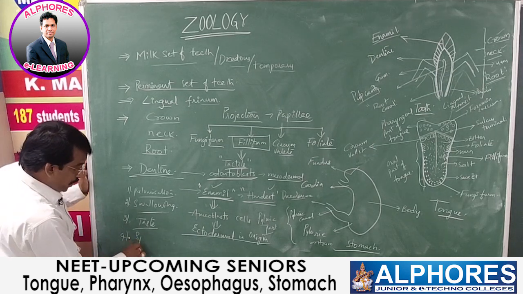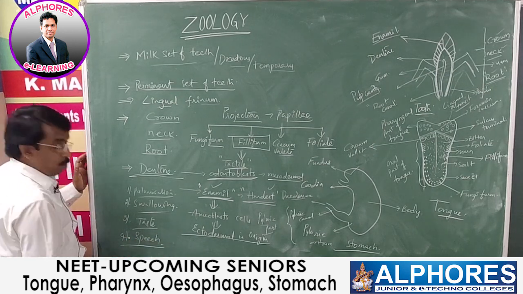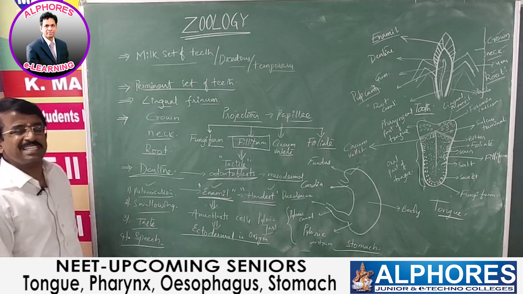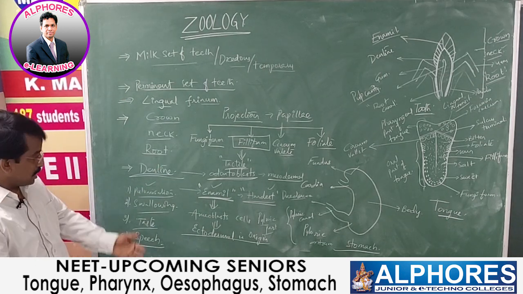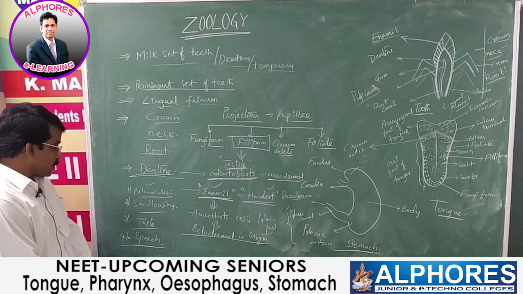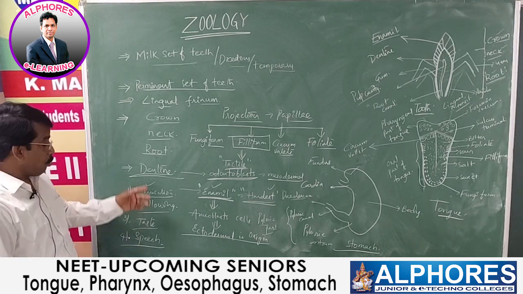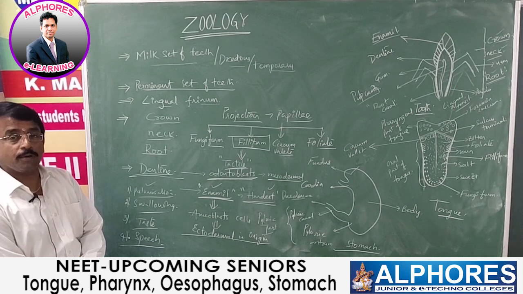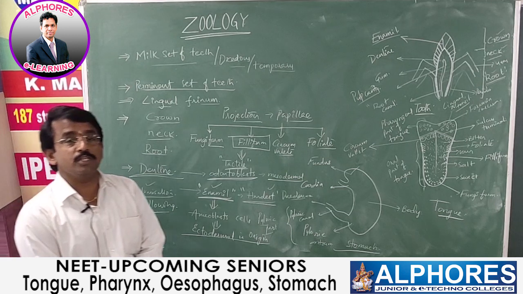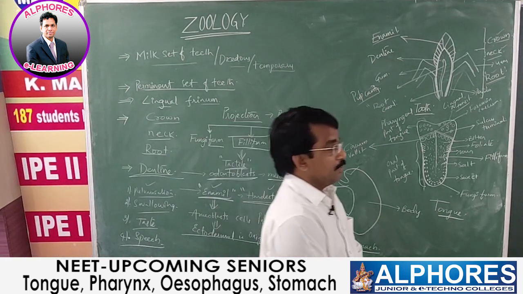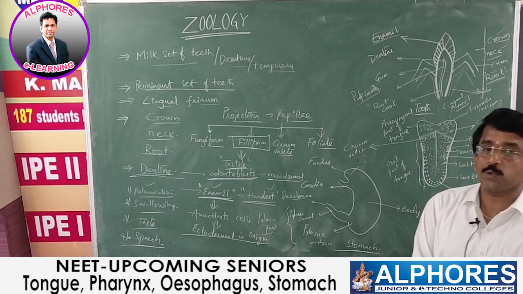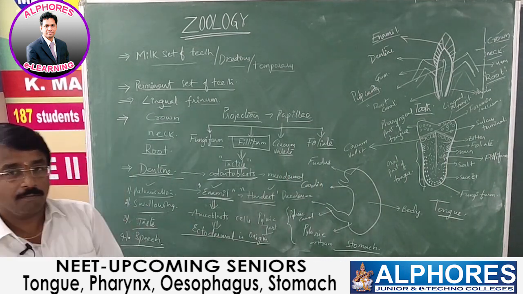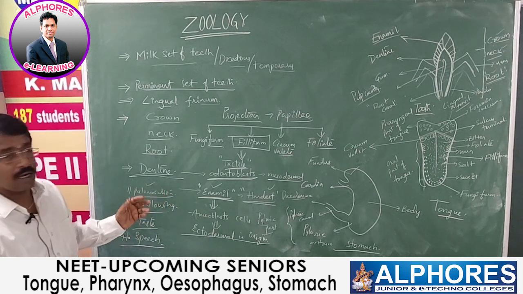So, the functions of the tongue are pulverization, mixing of the food with the saliva and swallowing it, tasting, and speech. It is also said to be the universal toothbrush, which means it cleans the teeth. That's the tongue.